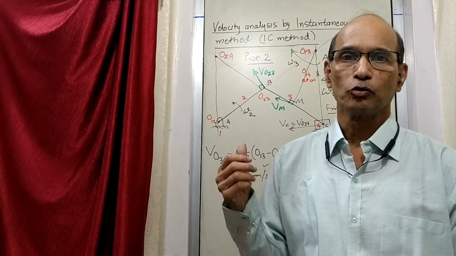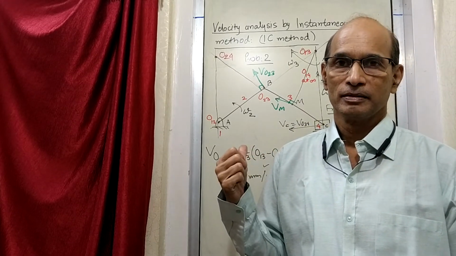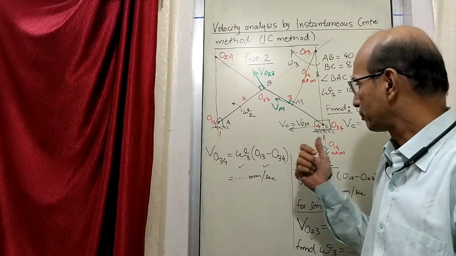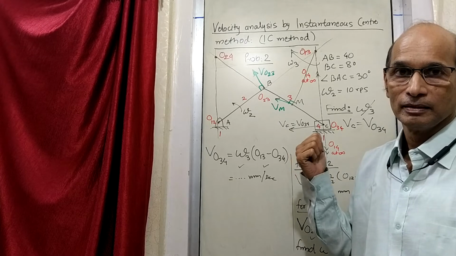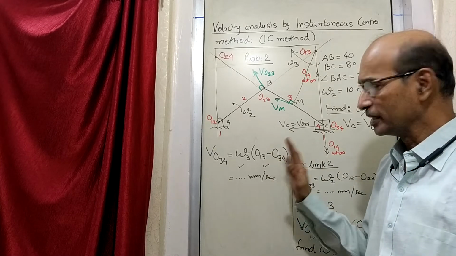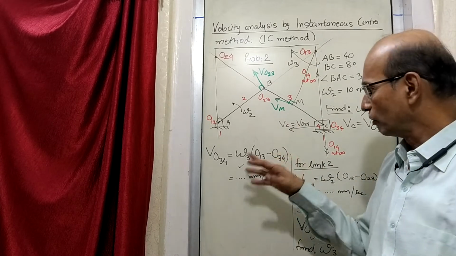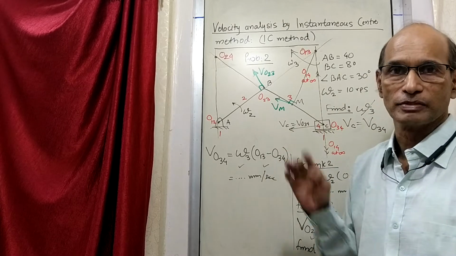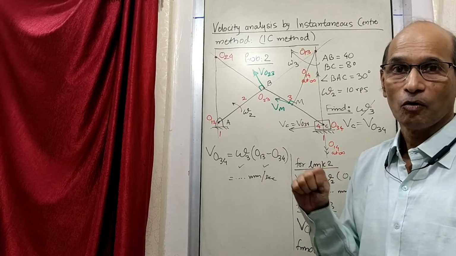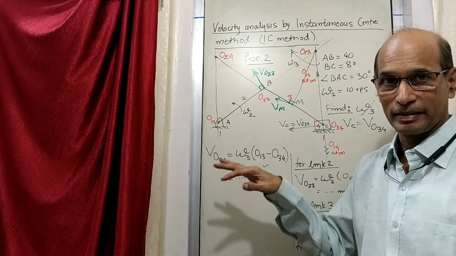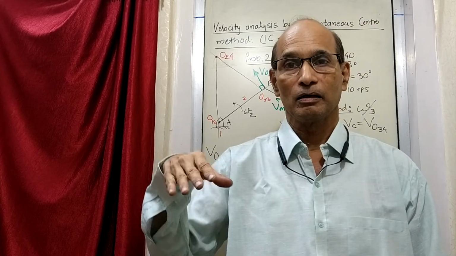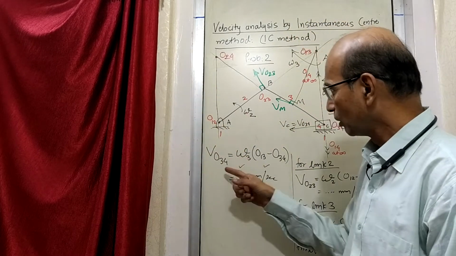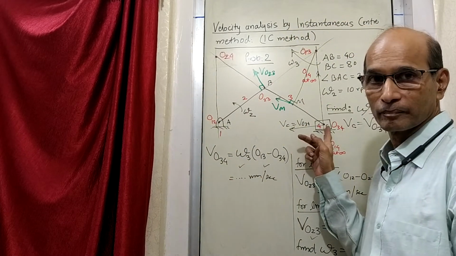It's very interesting to make use of the IC method, especially for a problem involving a slider. We have already solved the problem and found the velocities asked. But by making use of the IC method with another approach, you can find out the velocity of the slider directly.